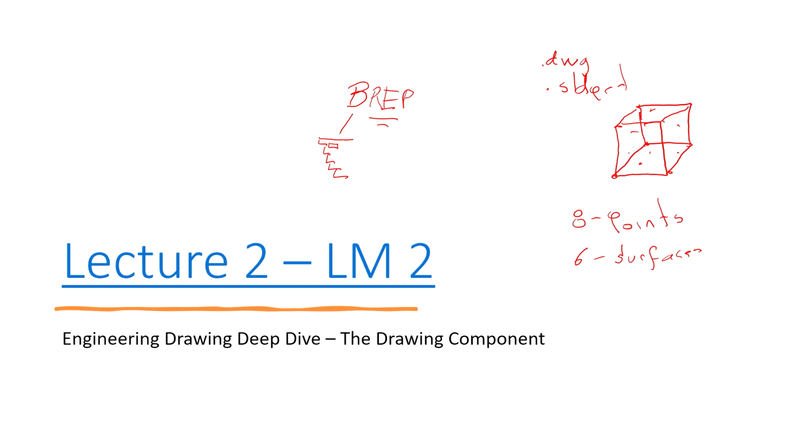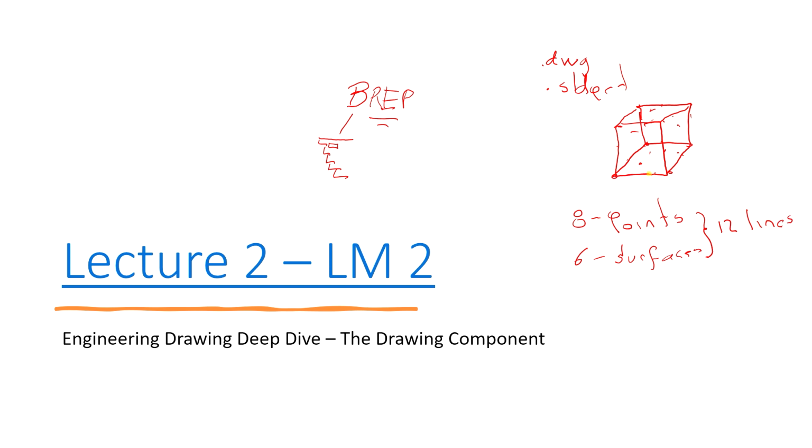All of that, between points and surfaces, was created with 1, 2, 3, 4, 5, 6, 7, 8, 9, 10, 11, 12 lines.